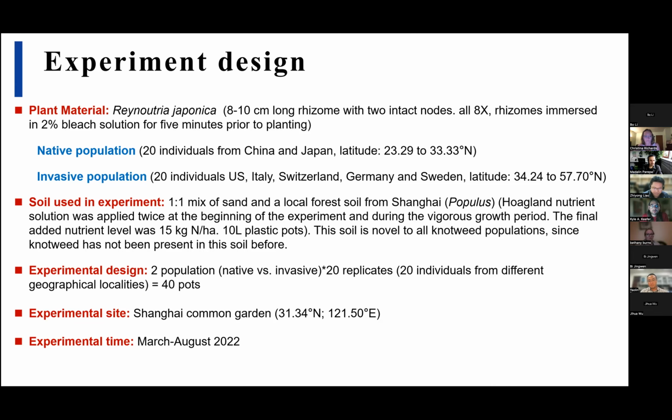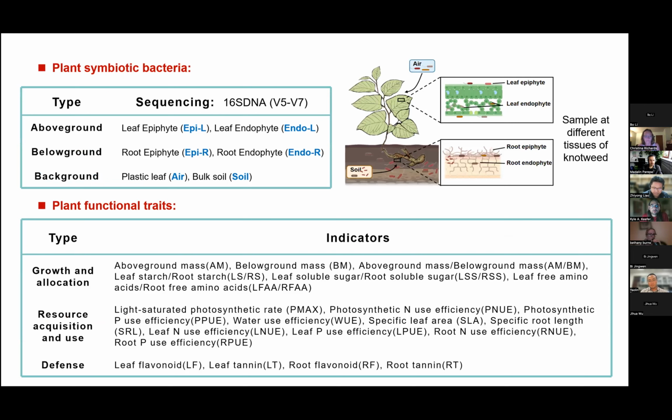Then we analyzed the plant symbiotic bacteria, including the leaf epiphyte, leaf endophyte, root epiphyte, root endophyte, and the air and the background soil, by using 16S DNA sequencing.